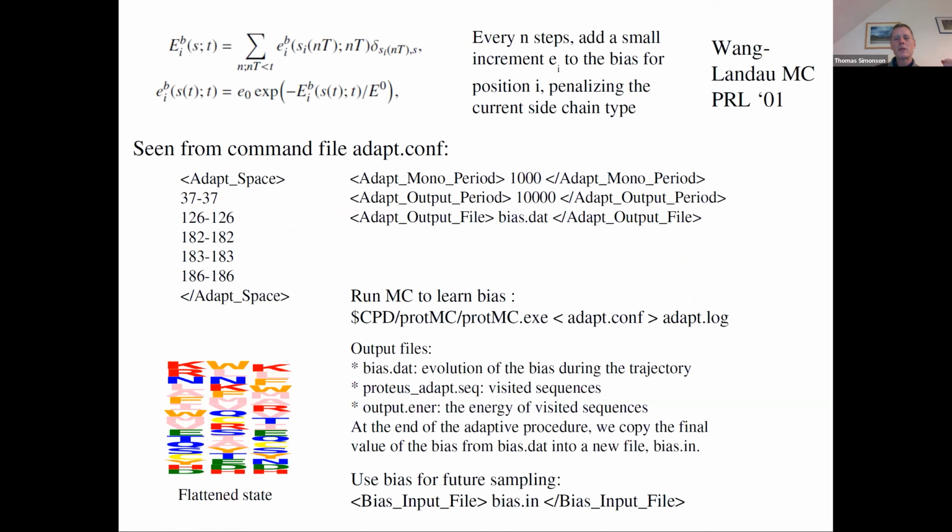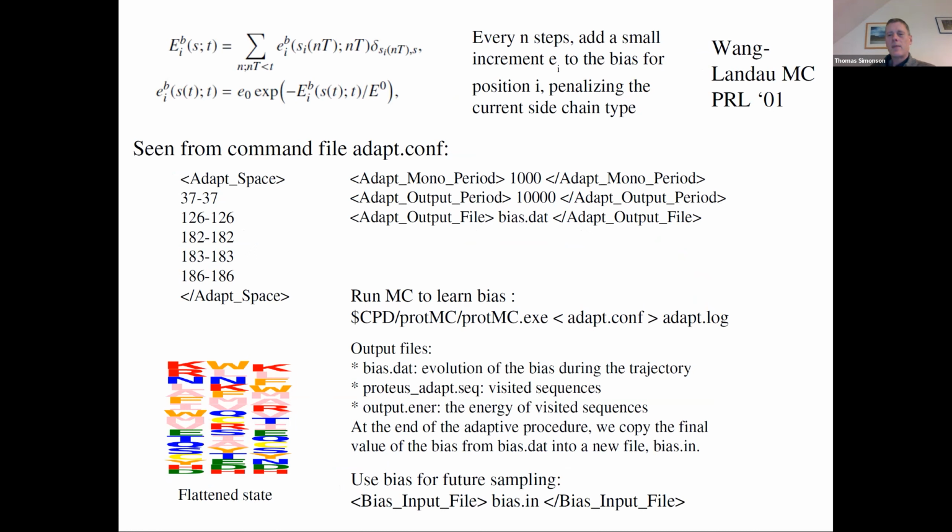So just one last slide to speak a little bit more about this whole adaptive bias, because it really is an extremely useful tool. The idea of the bias function comes from Wang-Landau back in 2001, but it's also very closely related to metadynamics. Now, I don't know if anybody in the room knows about metadynamics.